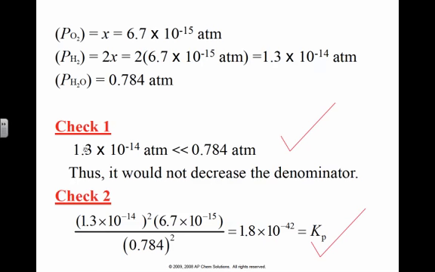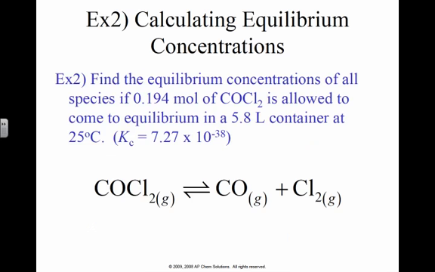So 1.3 times 10 to the negative 14th, which is my value for 2x, is so small that 0.784 minus that number would still be 0.784. Also, K is smaller than 10 to the negative 4th, therefore it's okay to just void out that minus 2x.